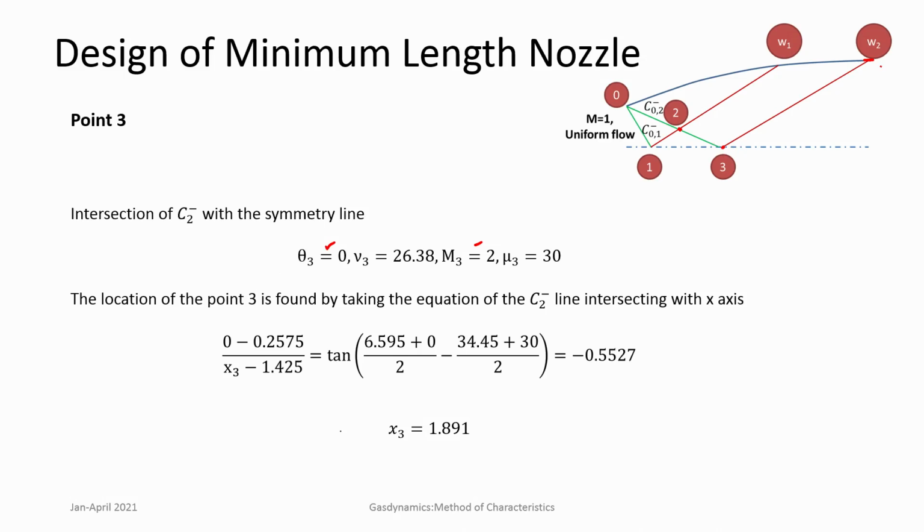So that should be the end of the wave cancellation section, and you write the equation of C minus characteristic again, and here y is 0. So you can solve for this starting from the point 2, and you get x3 is 1.891.